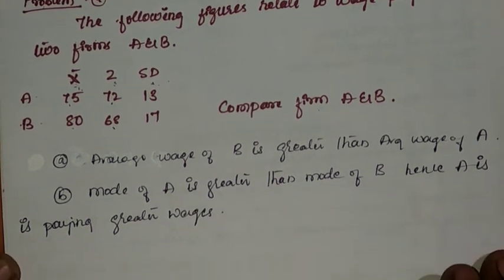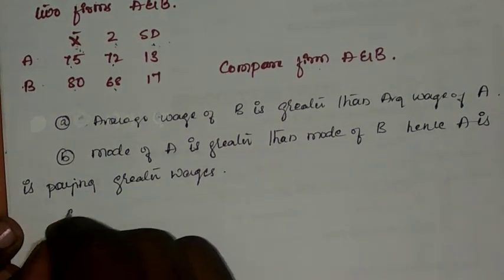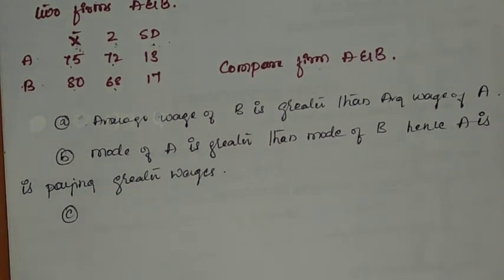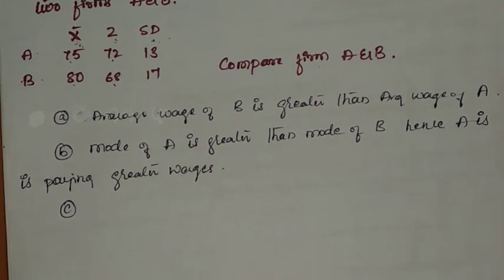So that is what. And point number 3, they are given standard deviation, and by using this one we shall identify the coefficient of variation.